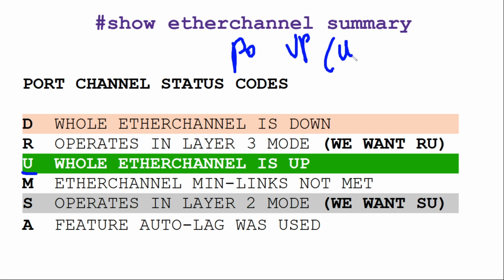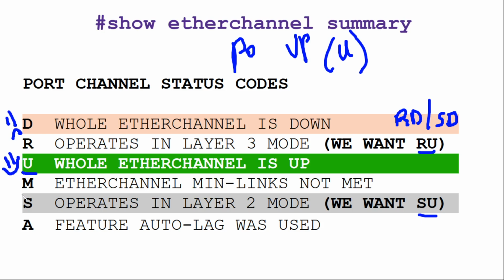If your EtherChannel is operating in layer 2 mode, you will see SU, and if your EtherChannel is operating in layer 3 mode, you will see RU. On the other side, if something went wrong and your port channel is in down state, you will see RD or SD. So this means that your port channel is down, and this means that your EtherChannel is up.